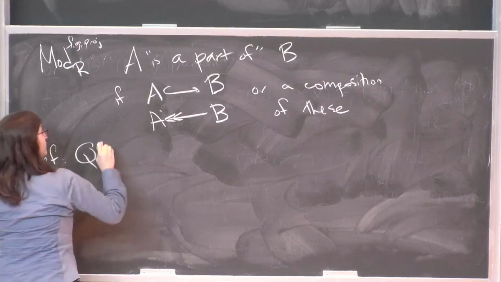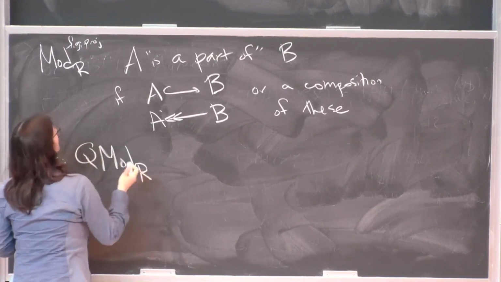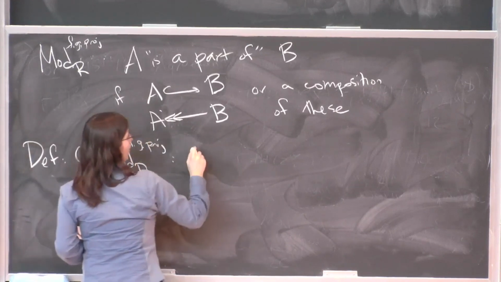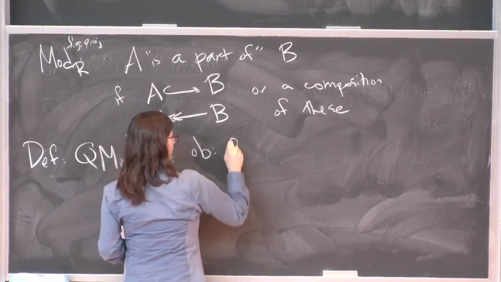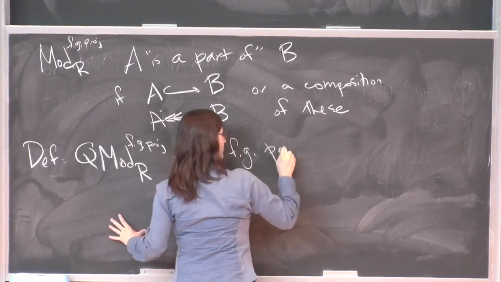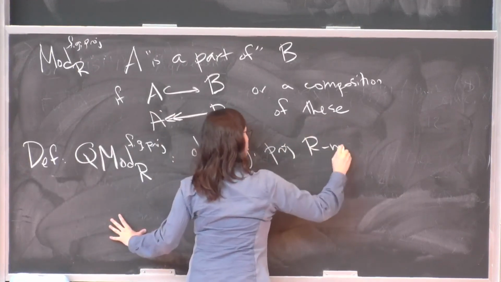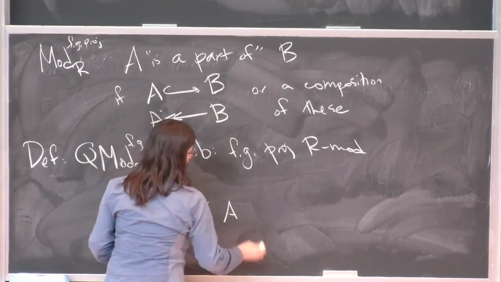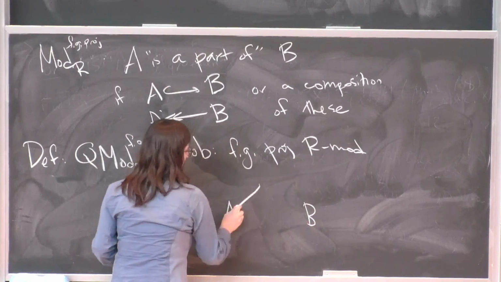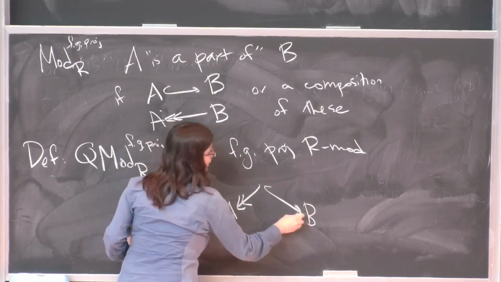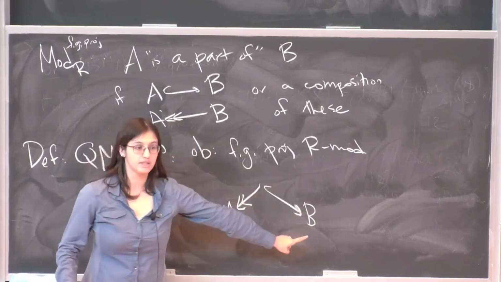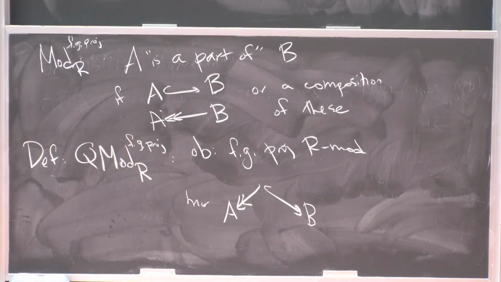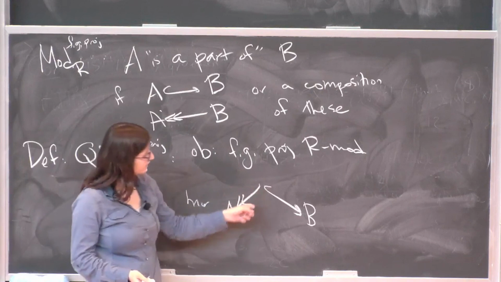this is going to be Q mod R. And the objects here are finitely generated projective R modules. And a morphism from A to B is a formal composition showing that A is smaller than B. And if you want to get completely formal about it, you need to not just take these.